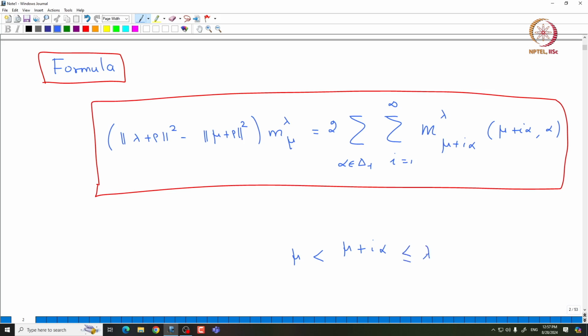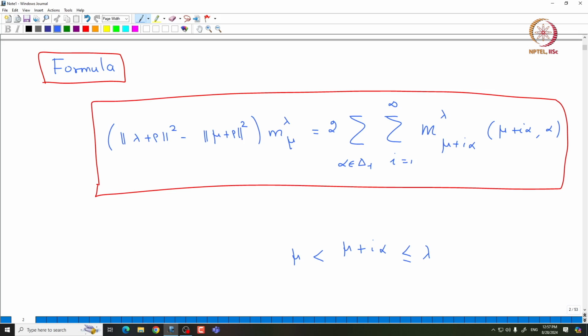So, this is going to lie below lambda, and we know that there are only finitely many weights in between these two. If we know the multiplicities of all weights lying above mu, not including mu, then this formula very explicitly gives you the multiplicity of mu in terms of other multiplicities.